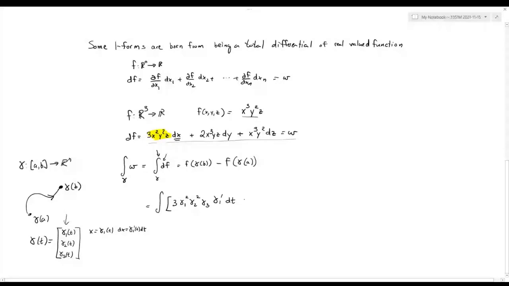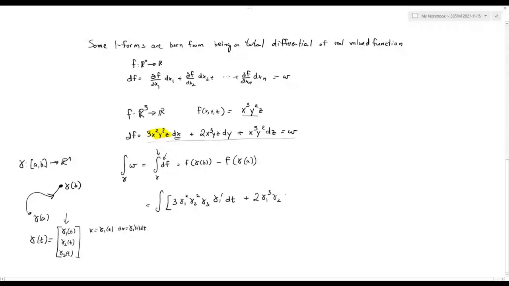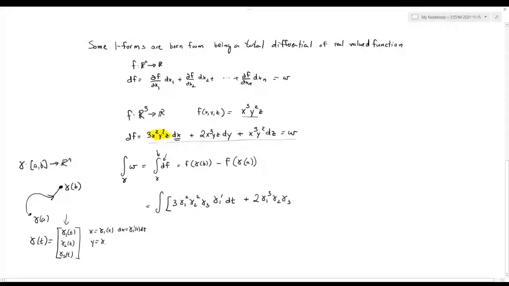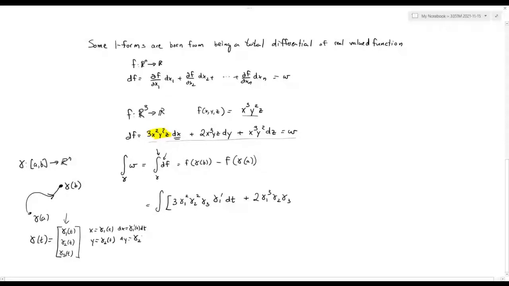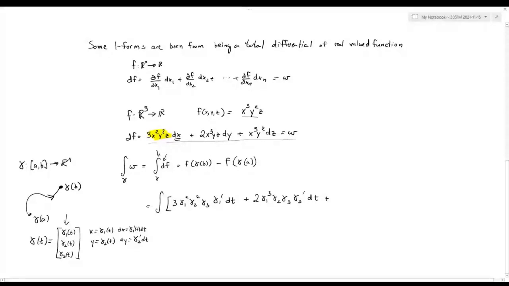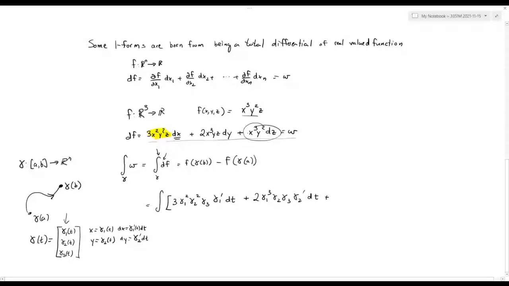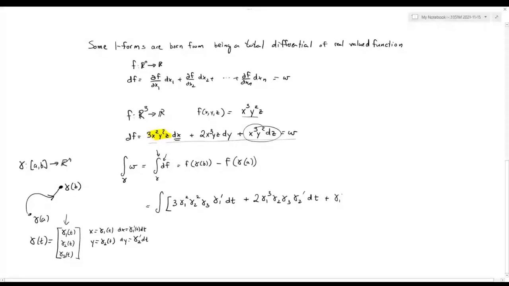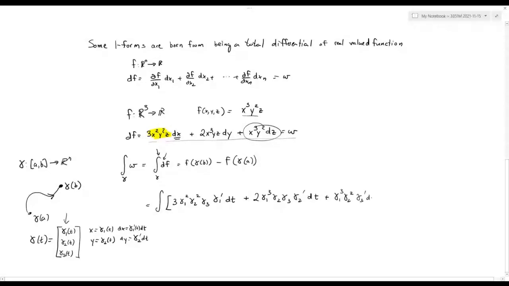Plus, and then we have the next term, and dy would just be gamma 2 prime dt. And then we have the last term here, so we have x cubed becomes gamma 1 cubed, y squared, gamma 2 squared, and dz is just gamma 3 prime dt, as t goes from A to B.